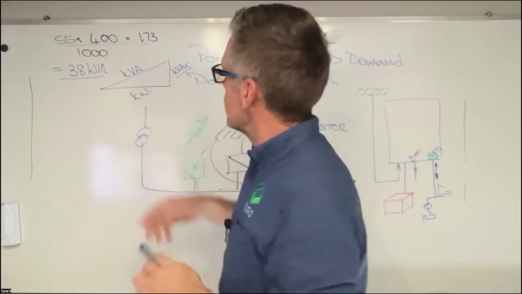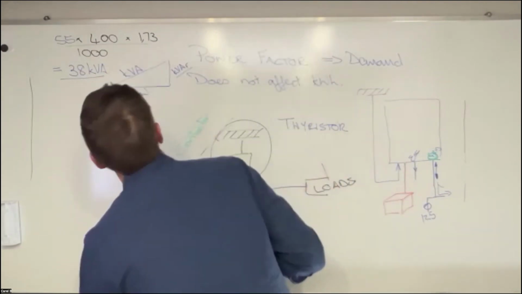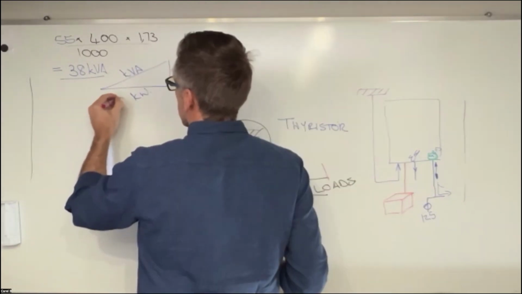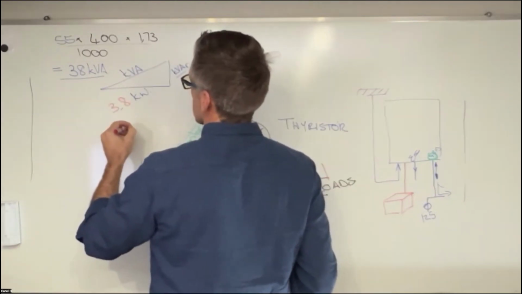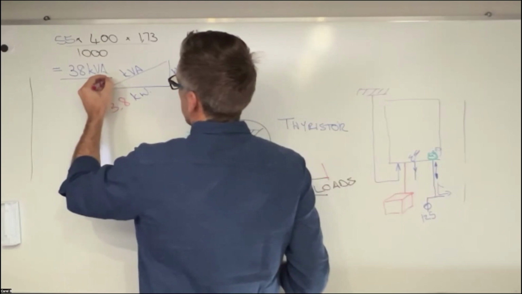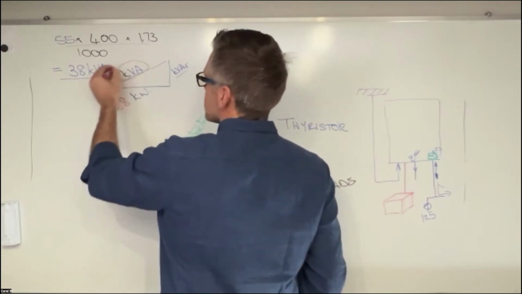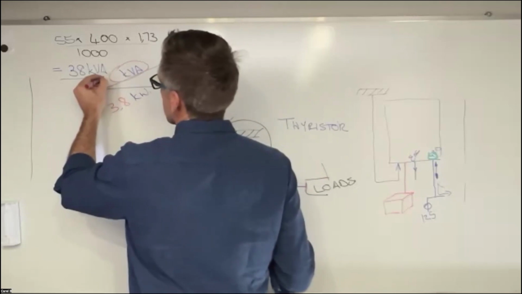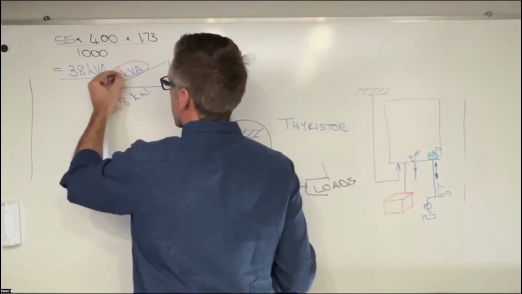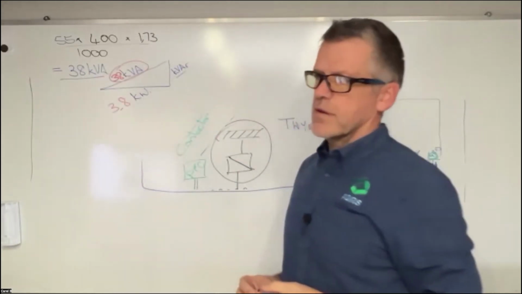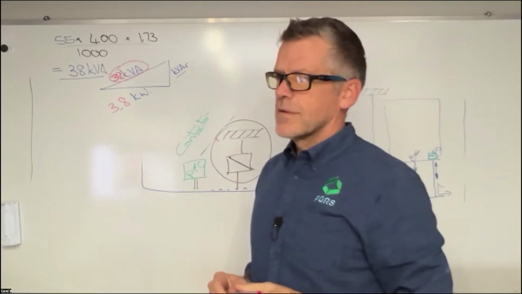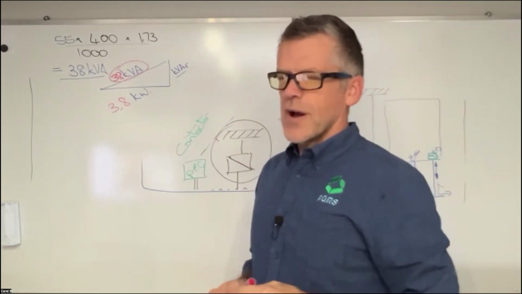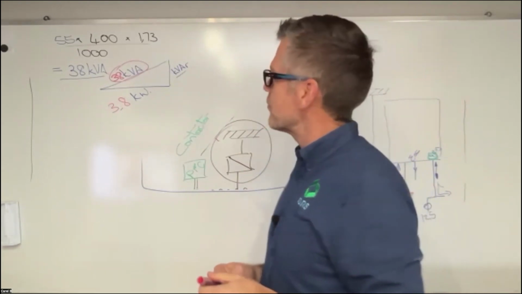So the load was only 3.8 kilowatts. But the amount of strain on the inverter was the equivalent of 38 kVA. Do you guys see what we've just calculated?